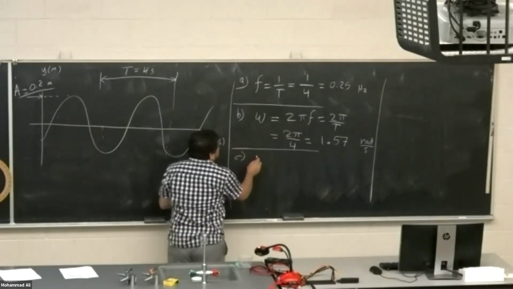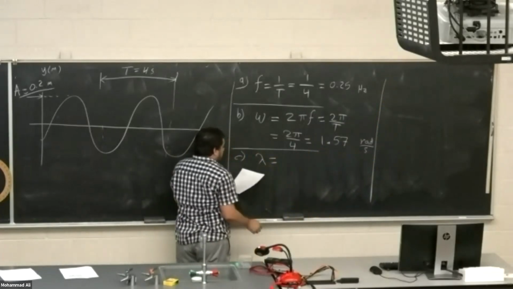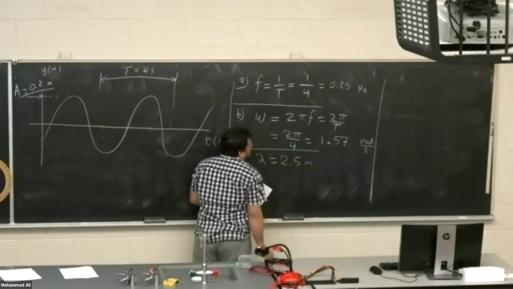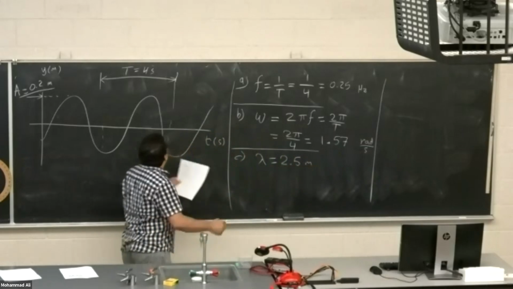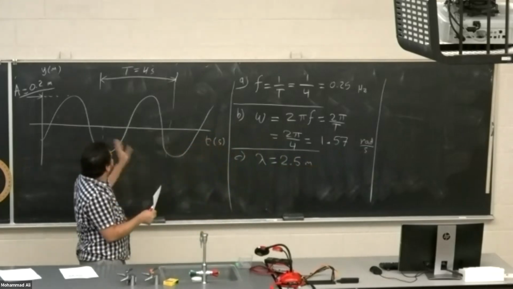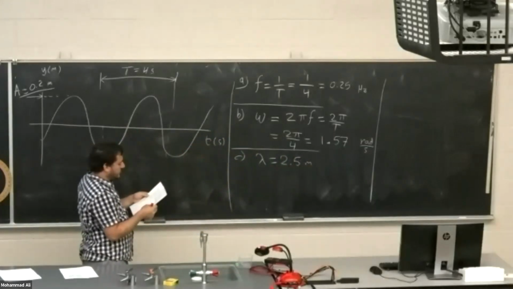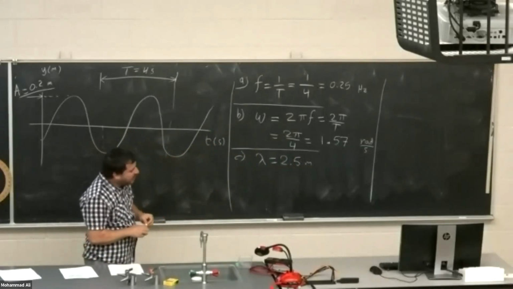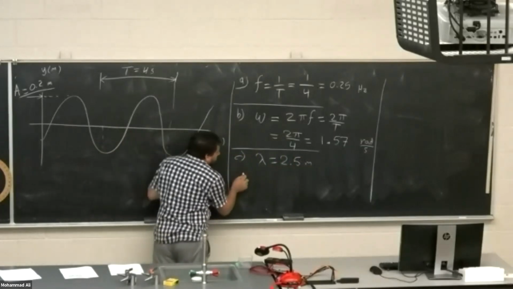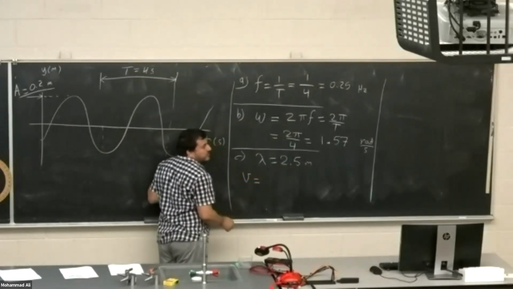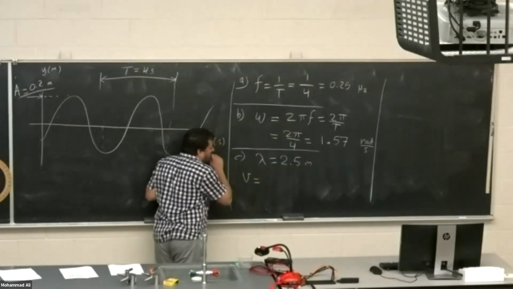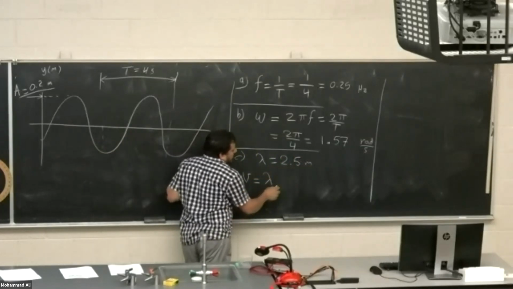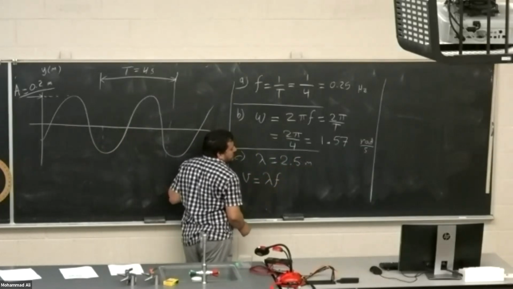C. If lambda, the wavelength, is equal to 2.5 meters, find the speed of the propagation of that wave, V. We have a relation: V is equal to lambda multiplied by the frequency.